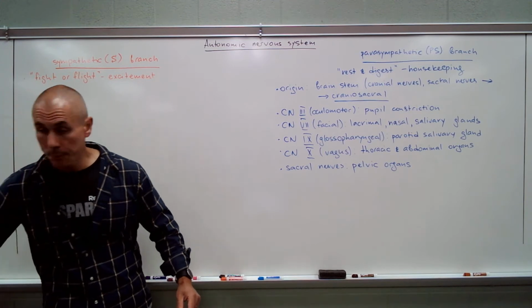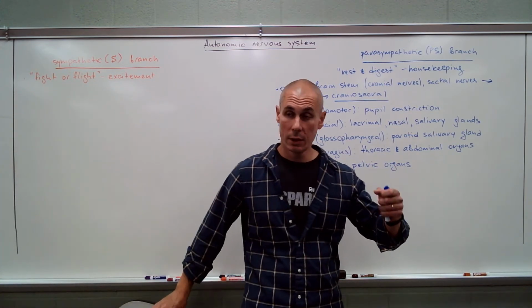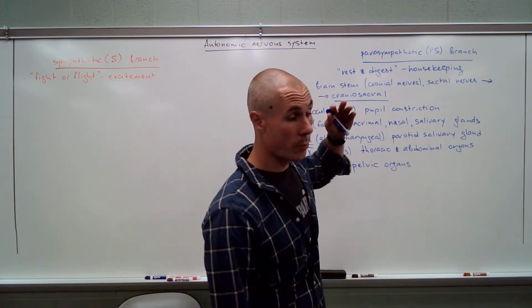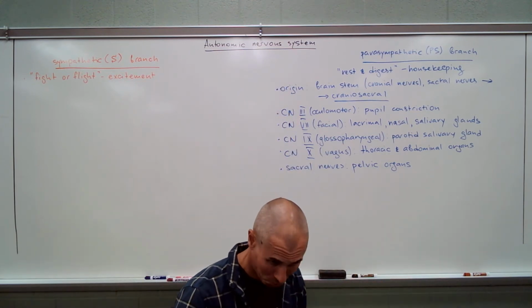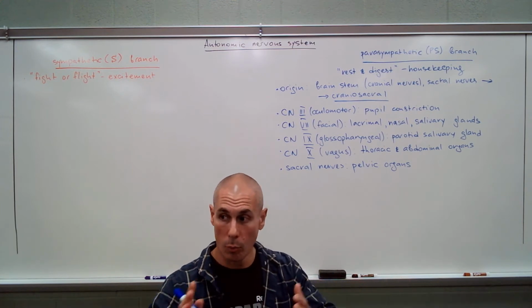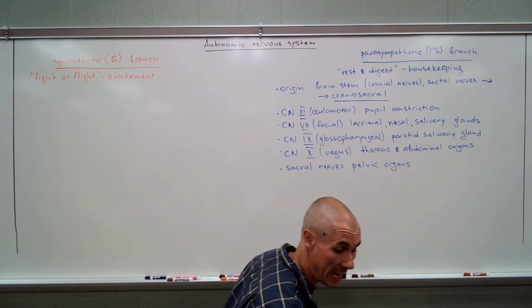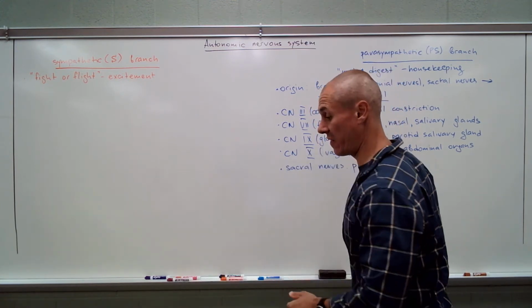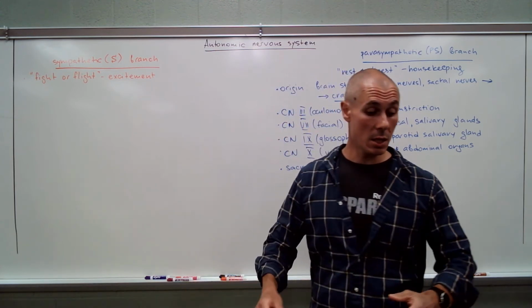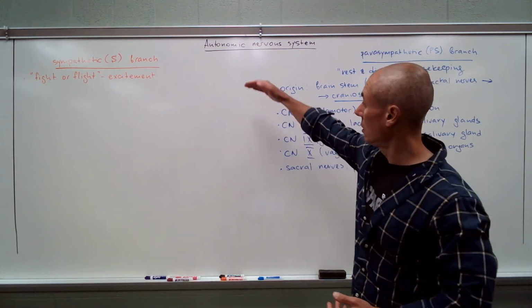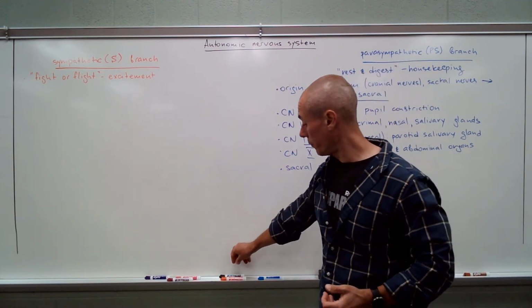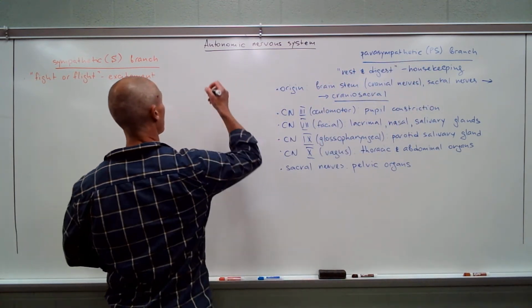Now, the last little bit that I want to finish the parasympathetic branch with is the actual organization of the motor part. But as a matter of fact, before I get there, let me lay out the autonomic reflex right here between the two.